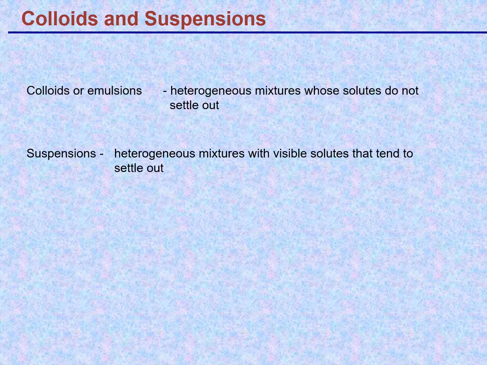A suspension is a heterogeneous mix, well mixed up, where visible solids tend to settle out if you leave it. It's like having a suspension of earth or sand in water, for example.